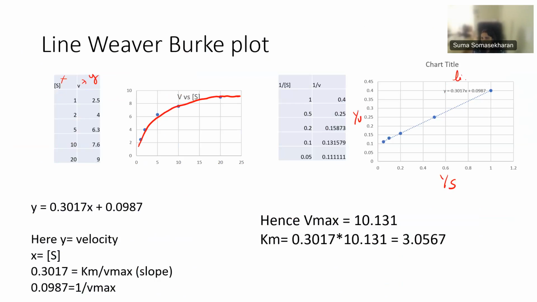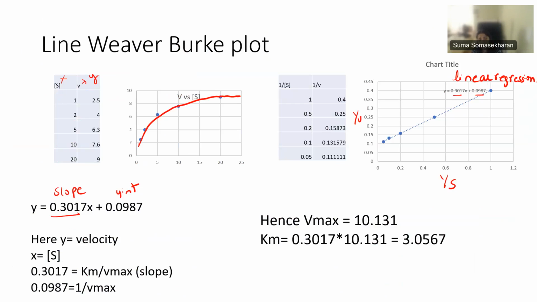I can do linear regression using Excel, and the equation for that straight line for this data set is y = 0.3017x + 0.0987, which gives me the slope and the y-intercept.